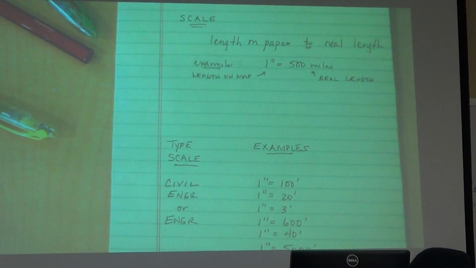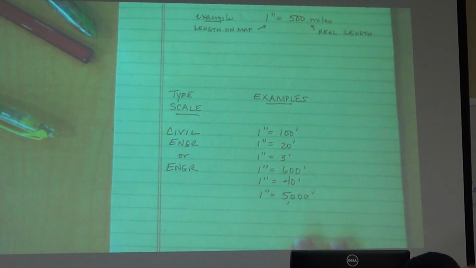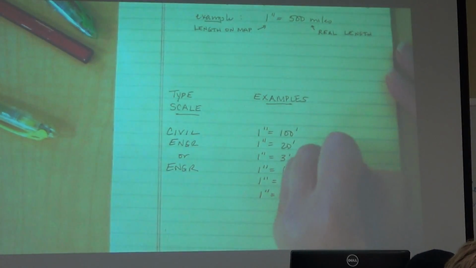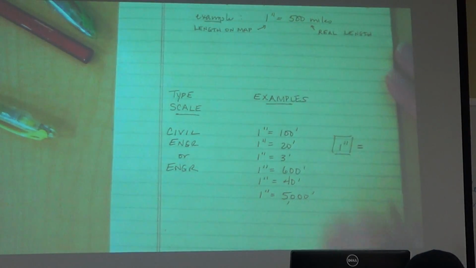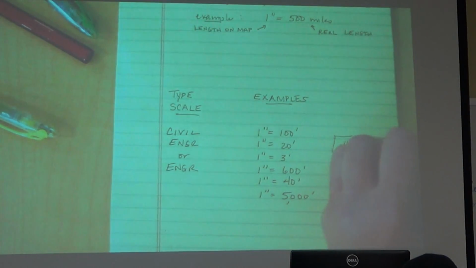What do you notice similarity between those 6 examples? All 1 inch. They all have 1 inch on the left side, and they have an equal sign, and on the right side is what? Some value. Something in feet.